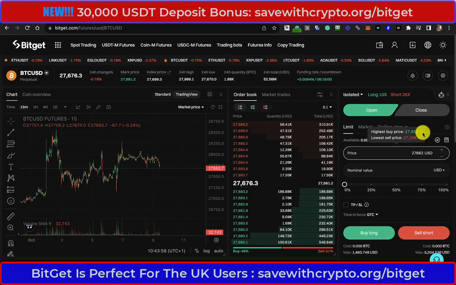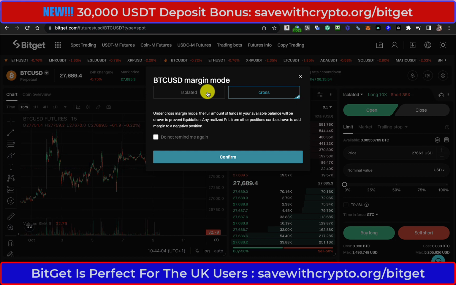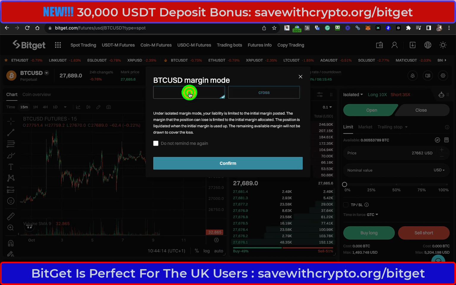Now, there's a few things you need to change here because I think when you first open Bitget, this is on cross. Generally, unless you really know what you're doing, don't use cross, use isolated.